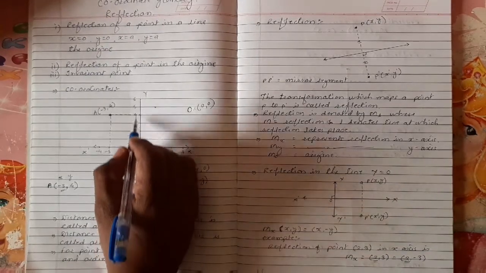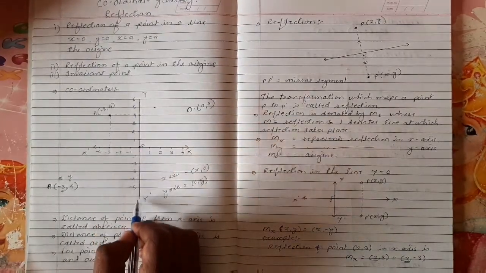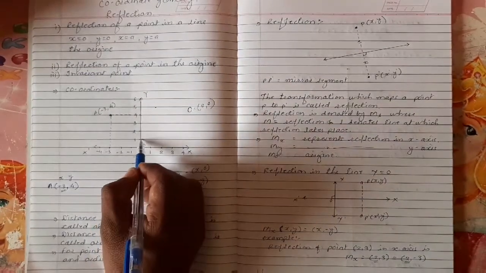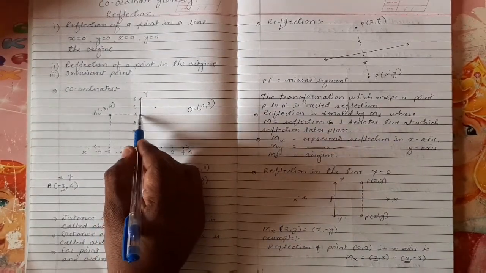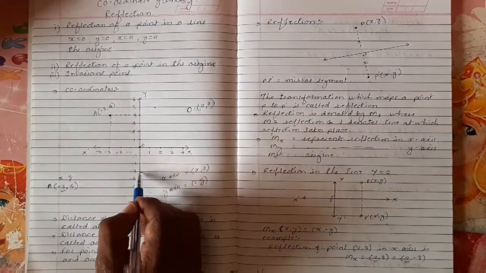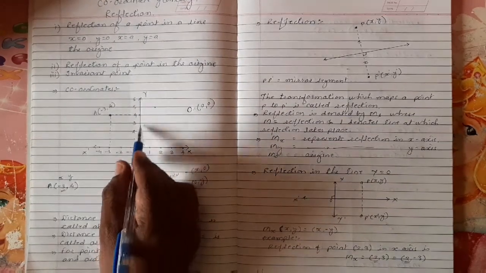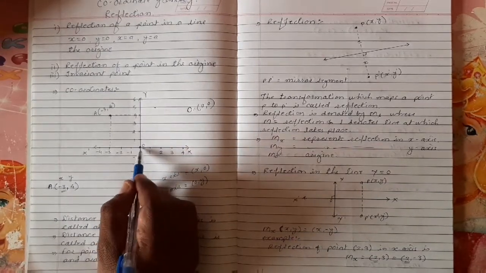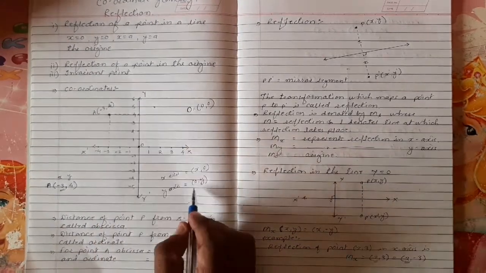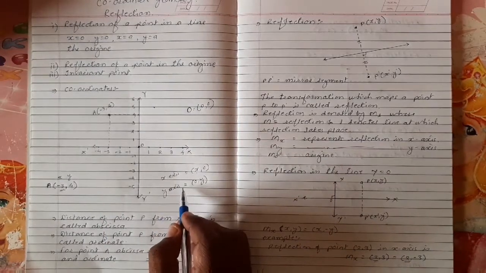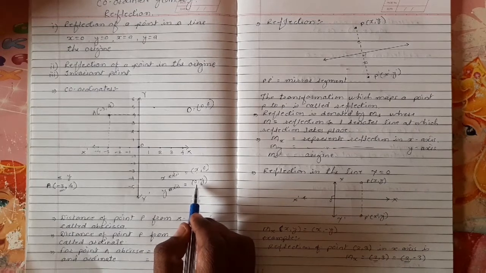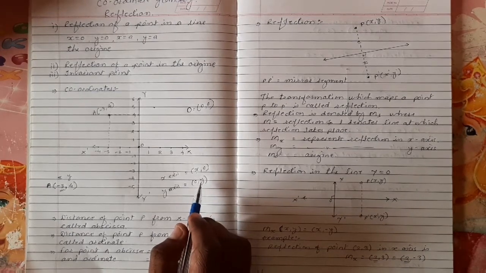Same thing: suppose any point is on this axis, it can have a y value like 2, 3, 4, 5 or -1, -2, -3, but it is on this axis, so it is not going to the left or right, it is on this axis. That's why its value on the x axis is always 0, and hence a point on the y axis has coordinates (0, y).